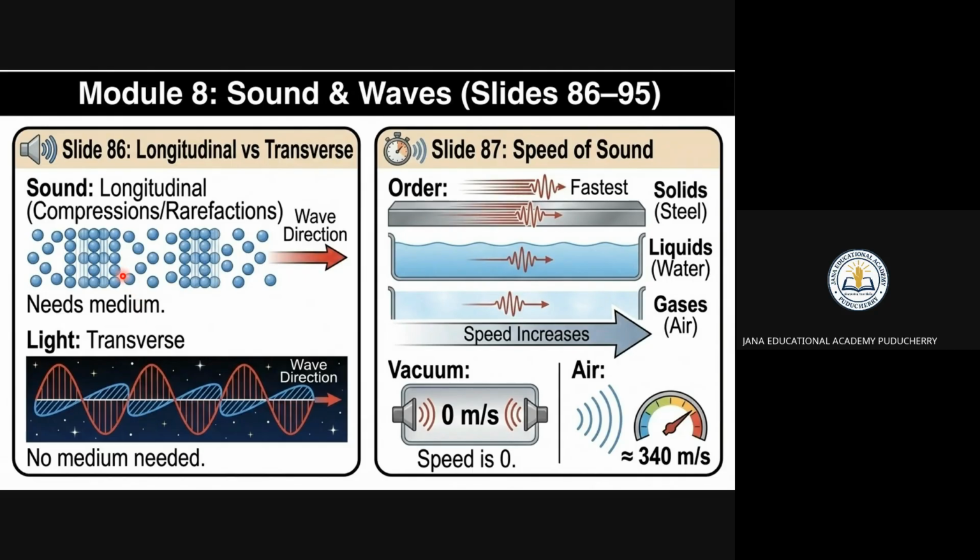Here the particles vibrate parallel to the wave direction, and that is a longitudinal wave. If it moves perpendicularly, like a sinusoidal wave, it is a transverse wave. So this is the difference: longitudinal means parallel, transverse means perpendicular. Keep it in mind.